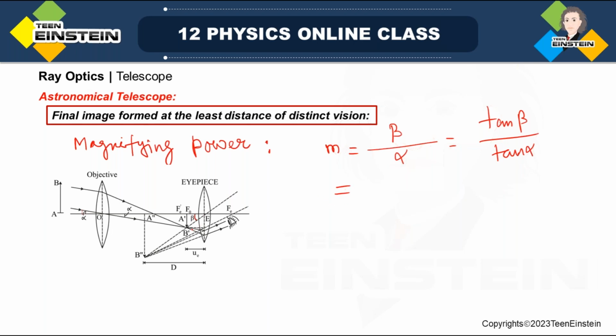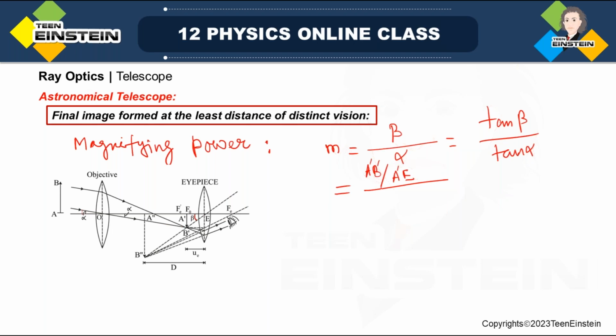So look here, tan beta can be written as A prime B prime divided by A prime E. E is the optical center of the eyepiece lens, and O is the optical center of the objective lens.